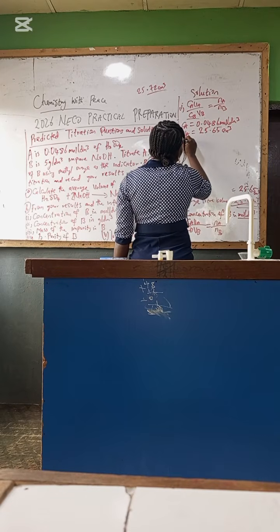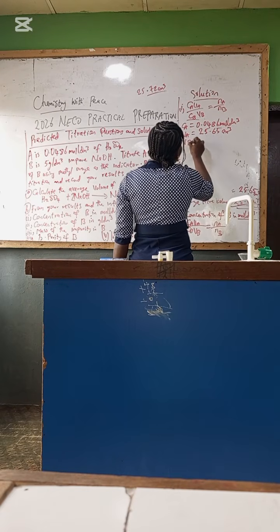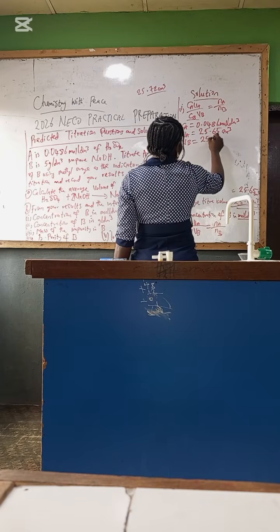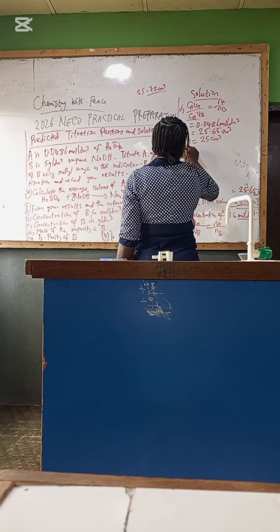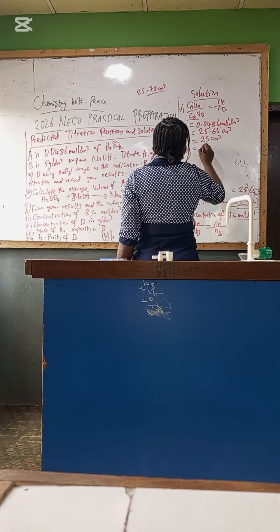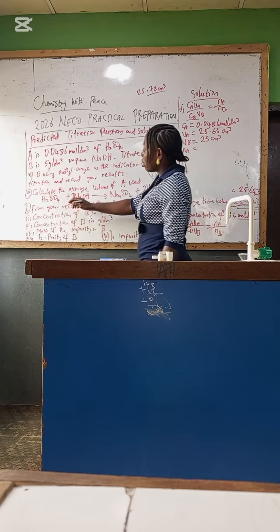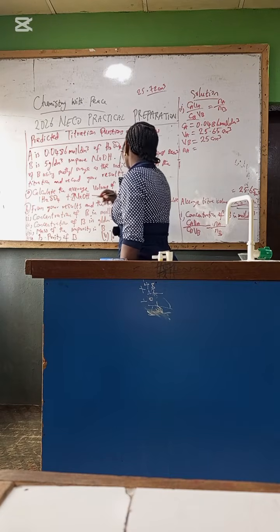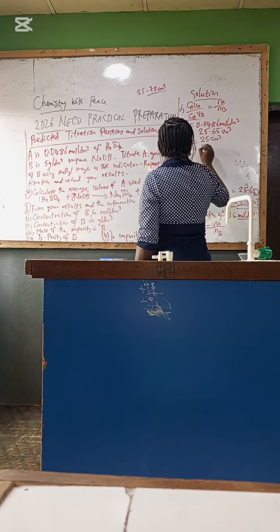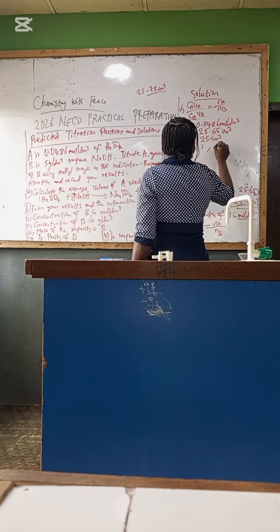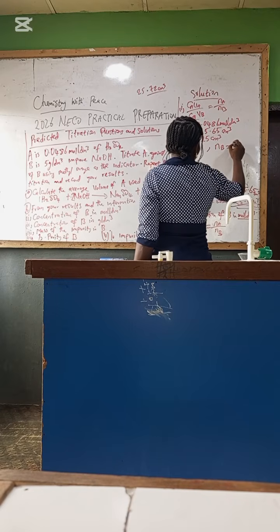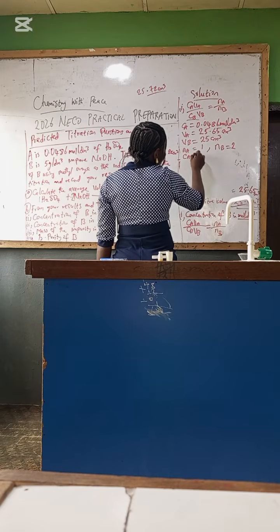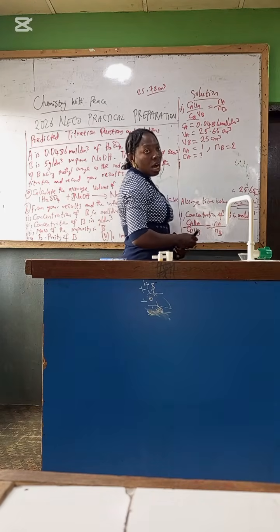Then we have our VB, the volume of the base used, which is 25 centimeter cube. We have our NA. From the equation, the ratio of acid to base is 1:2. So our NA is equal to 1. Our NB is equal to 2. Then CB is unknown. That's what we are asked to find.